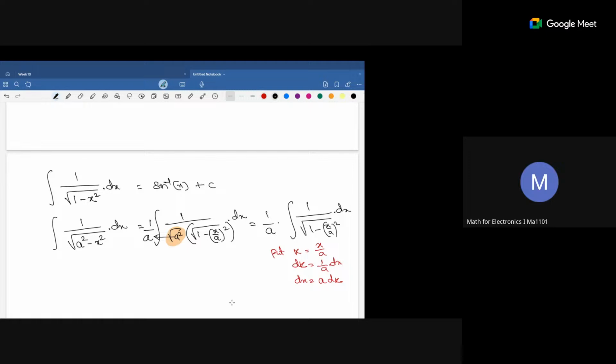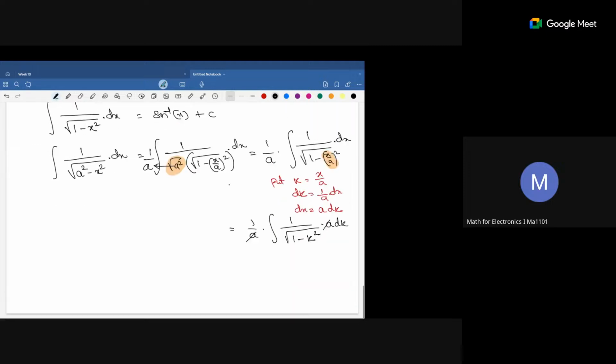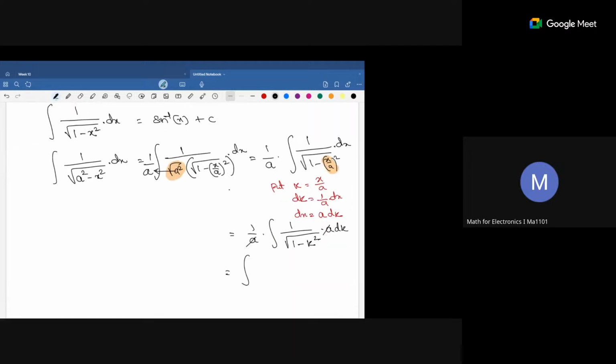If I substitute them, I will get 1 by a integral 1 by square root 1 minus, x by a is k, so this will simply be k square. So x by a we just replaced with k, and now dx is a dk, so this will become a dk, and the a's get cancelled. What we eventually get is integral 1 by root over 1 minus k square dk.